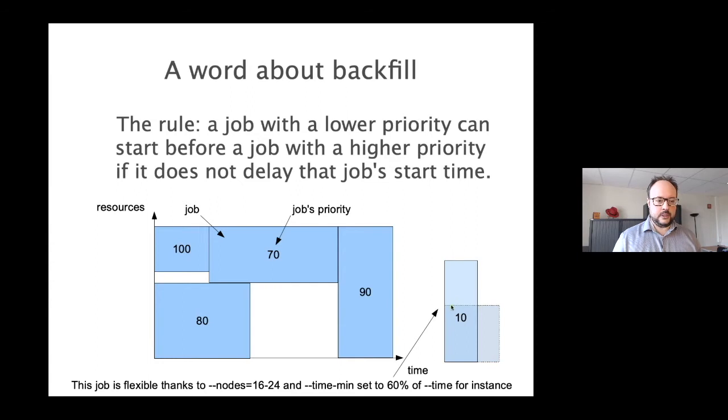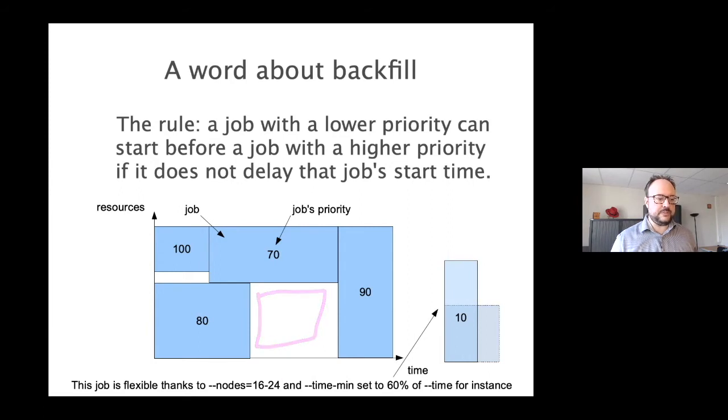Back to the drawing of the scheduling. Here you see that if you have a job and you use --time-min and --nodes with a range, your job actually looks like something with some degrees of freedom, and Slurm can squeeze it into the space allocated here.